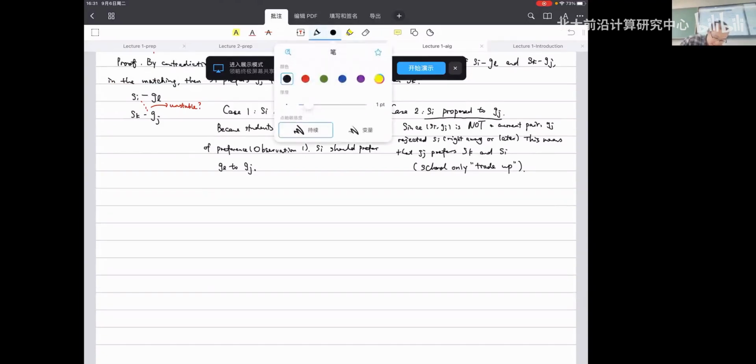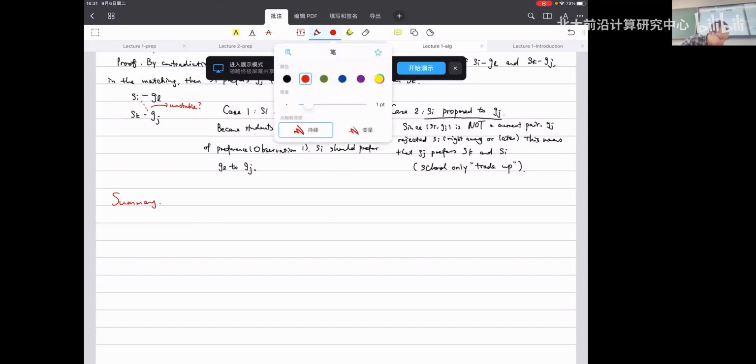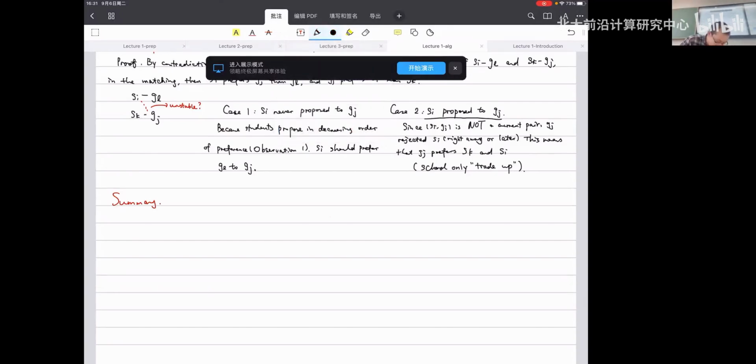Okay, so let's make a summary of this Gale-Shapley algorithm. The summary is that the Gale-Shapley algorithm at least works for this very toy problem of stable matching.